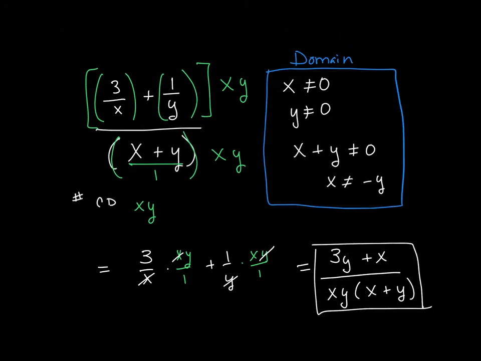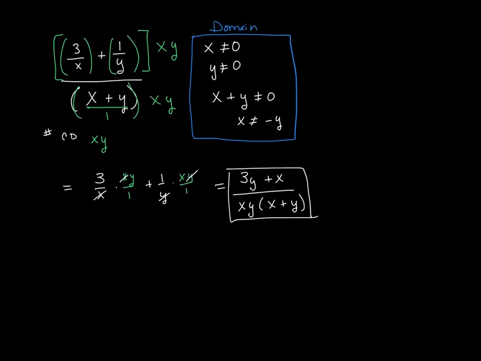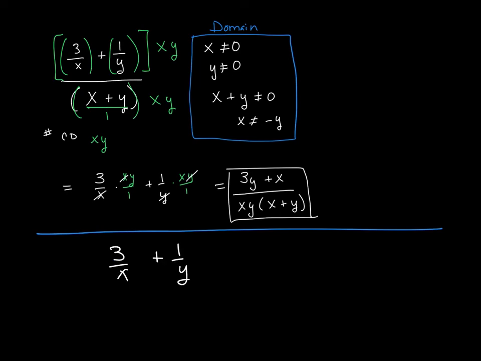The second way to go ahead and solve this is with turning it into fractions. So let's go back to the beginning. Method 2 says that I have 3 over x plus 1 over y, and I'm dividing that by x plus y.